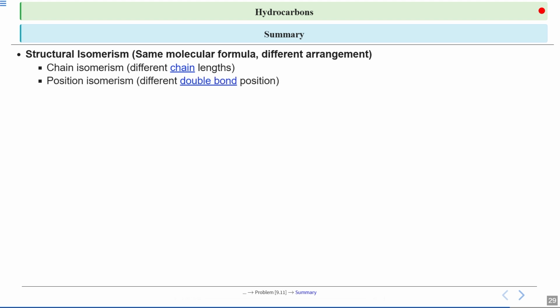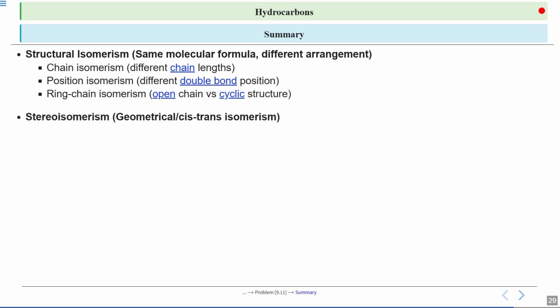Next, if the backbone is not changing, then the position of the double bond can change, and that can result in position isomerism. Last one is ring chain isomerism, in which your alkene can be converted to a cyclic compound. You can try with any example and you will see clearly that your alkene is capable of showing the cyclic chain, given that your alkene should be at least of chain length 3.